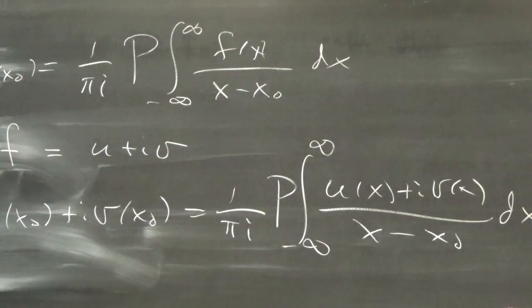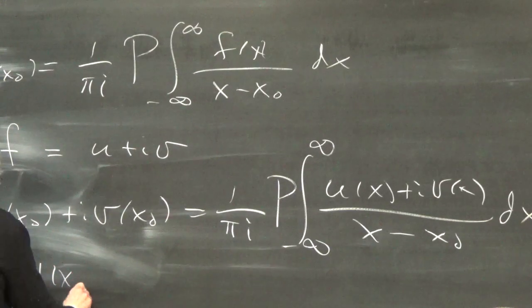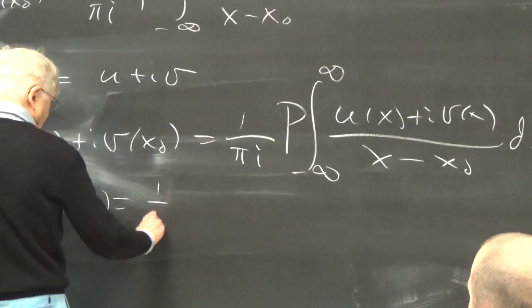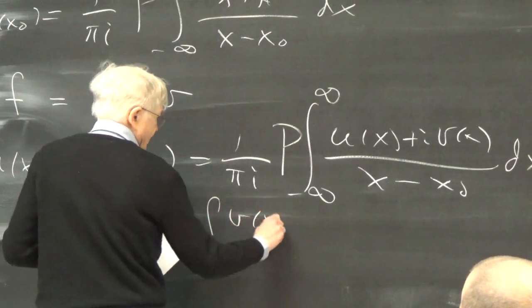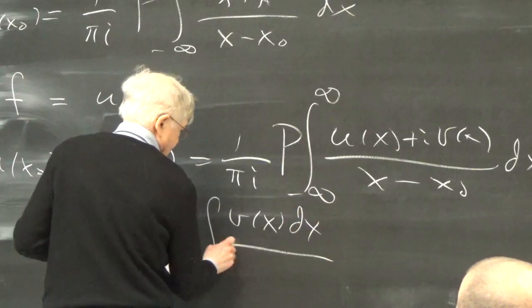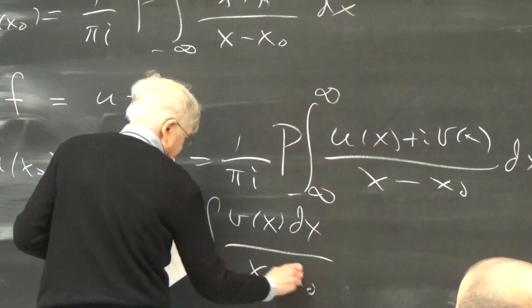And so you can then split that, remember, anytime you have a complex equation, that's really 2 real equations. And so one of the real equations is u of x0 is 1 over pi principal part of the integral of v of x dx over x minus x0.